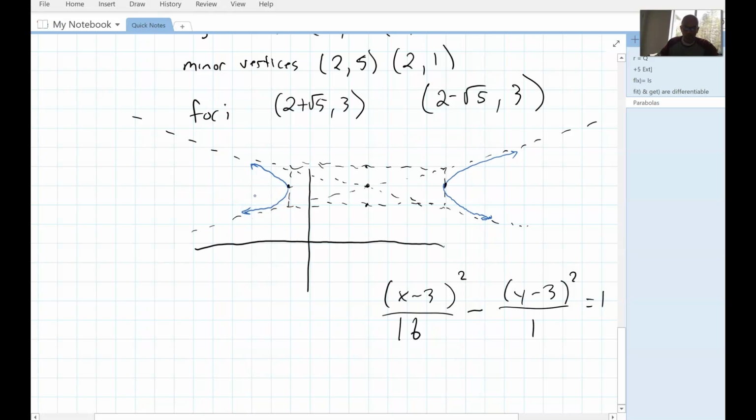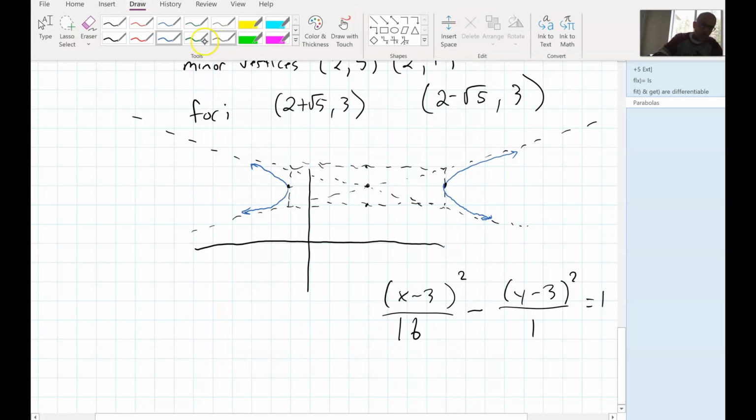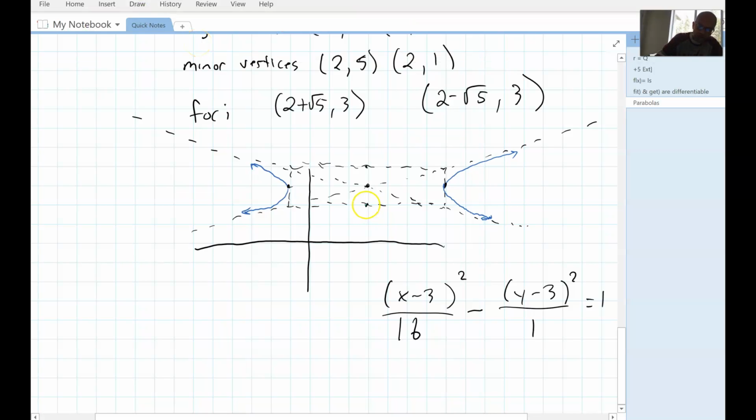And so you can see that if this is plus, we just have an ellipse, right? But if it's minus, then it's a hyperbola. It's on the outside. But it's the same points determining where that draws.